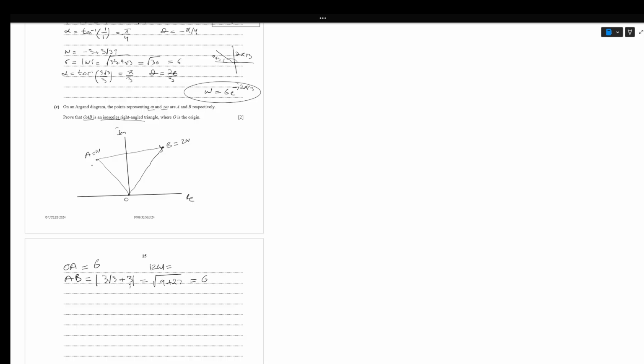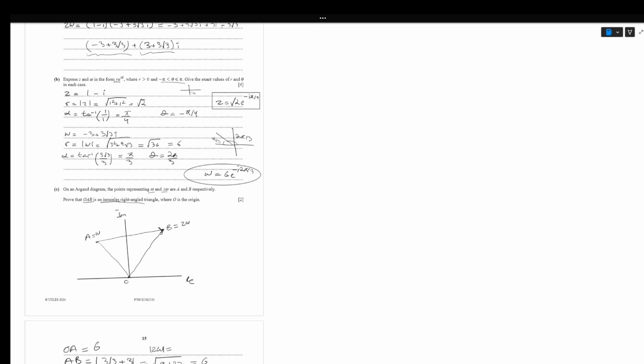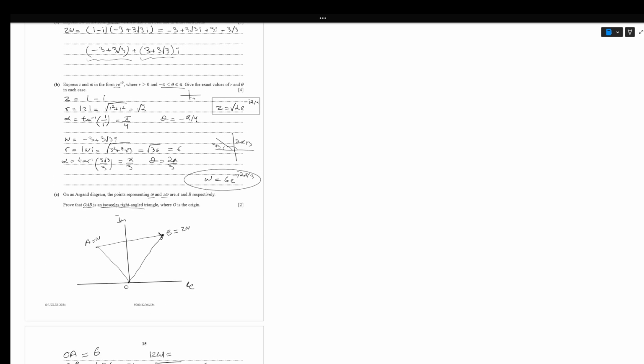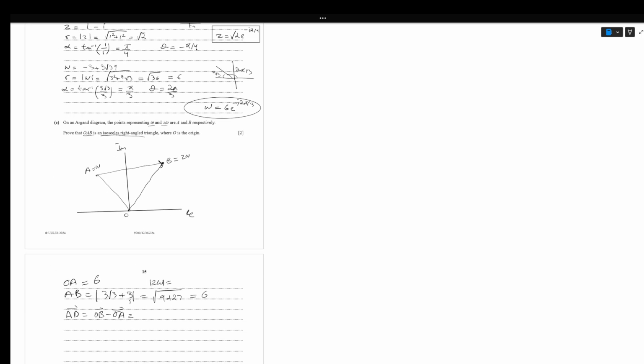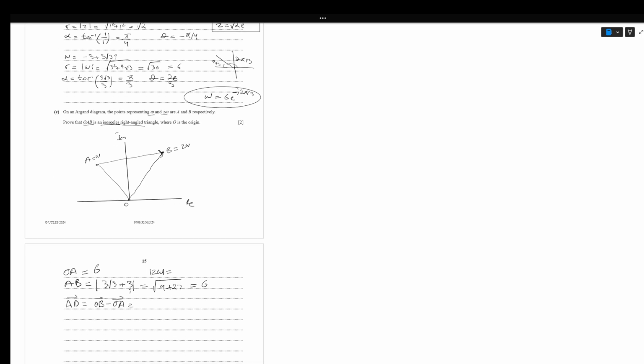जो AP अगर मैं वेक्टर के हिसाब से देखूँ तो जो मेरा AP वाला वेक्टर है दैट इज सिंपली OB माइनस OA. तो जो मेरे OB आए थे -3 प्लस 3 रूट 3i, मैं उसमें से OA माइनस कर दूंगा.